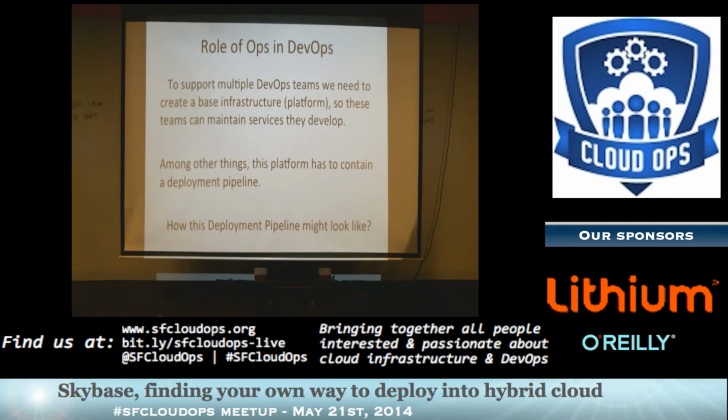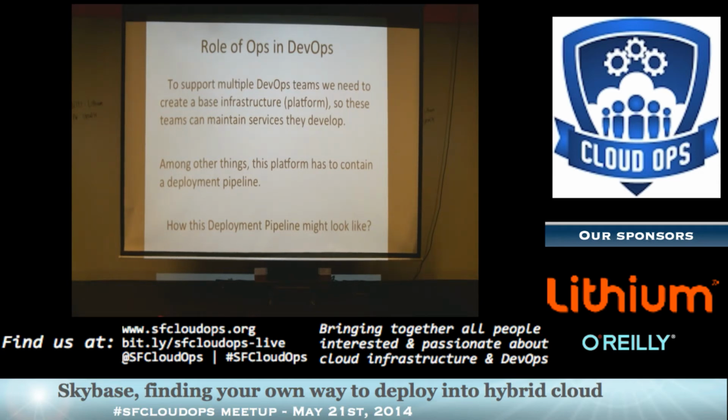Essentially, old style ops still have a role inside DevOps model. And what we are doing now is we're creating the infrastructure platform so this DevOps team can maintain their own services. And among other things, this platform has to include pipeline, but it's more than only just pipeline. There's a couple of other things which you have to add to create a complete DevOps platform.